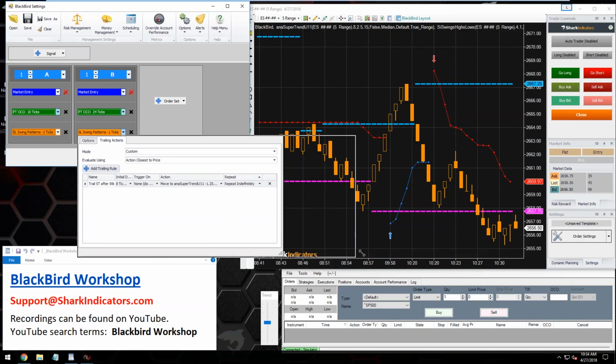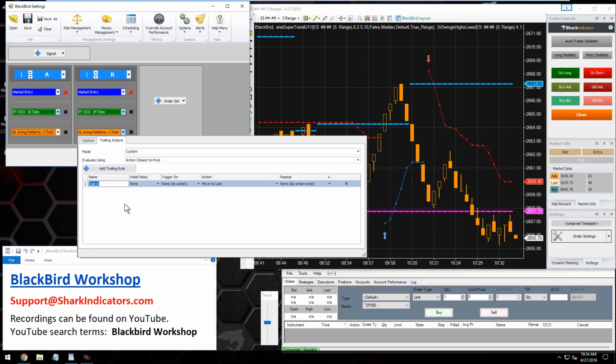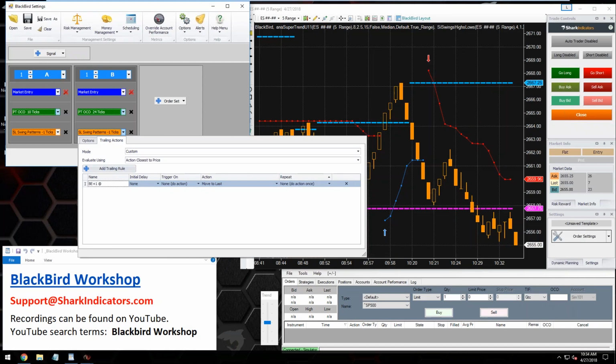But now for the trailing rules, if you don't want this in here, then we'll cancel that, and we'll put in a break-even trailing rule here. So let's do a break-even plus a tick when profit target 1 is hit. That is pretty straightforward.